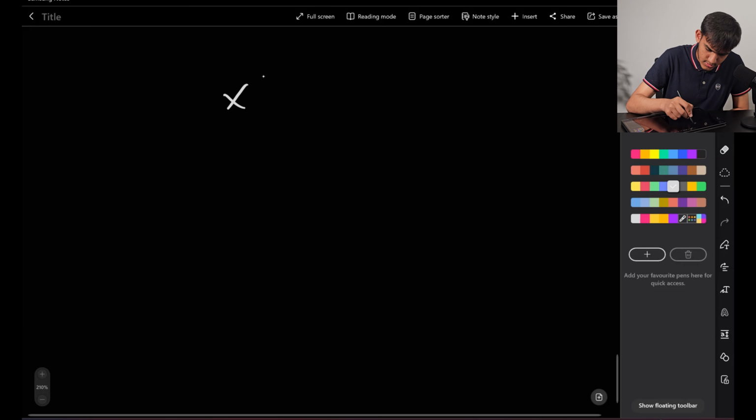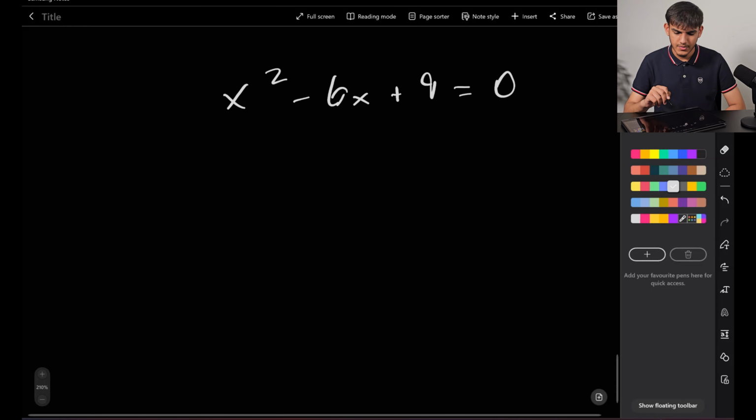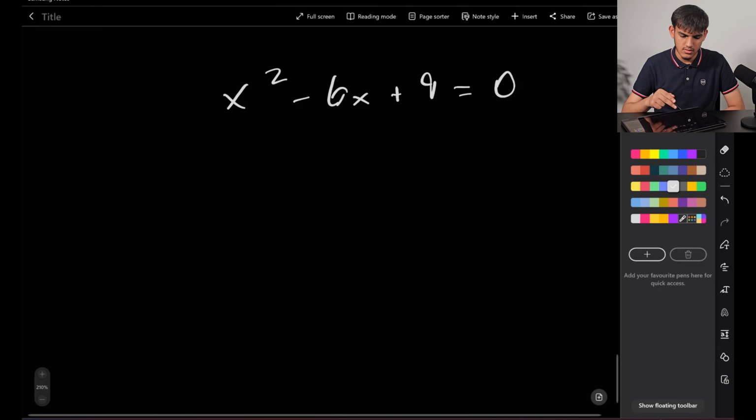So if we do x squared minus 6x plus 9 equals 0. So this is a quadratic equation where minus 6x is the sum and plus 9 is the product. So we need to find two numbers which add up to give minus 6 and multiply to give positive 9.